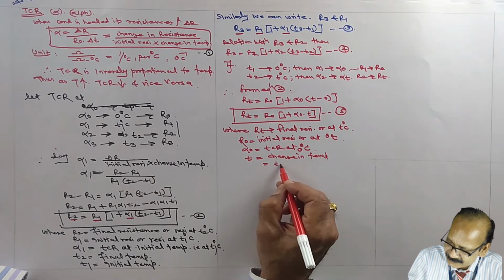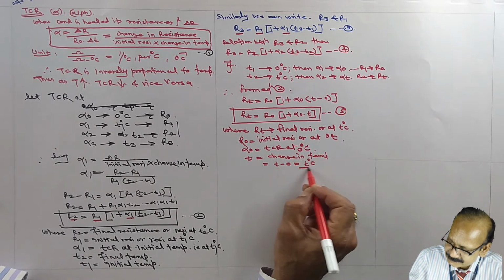This is equal to T minus 0, that is T degree Celsius.